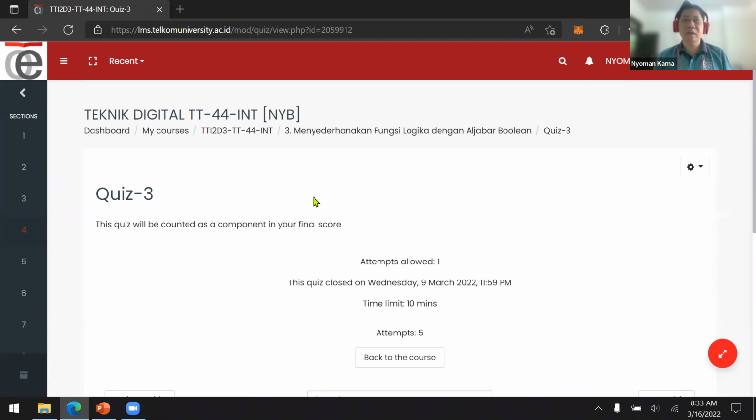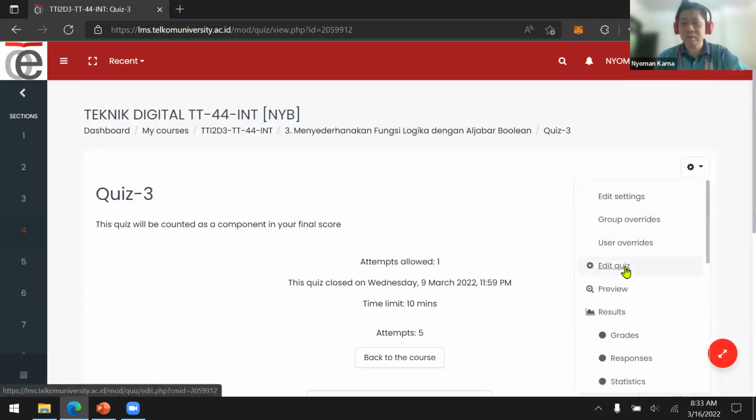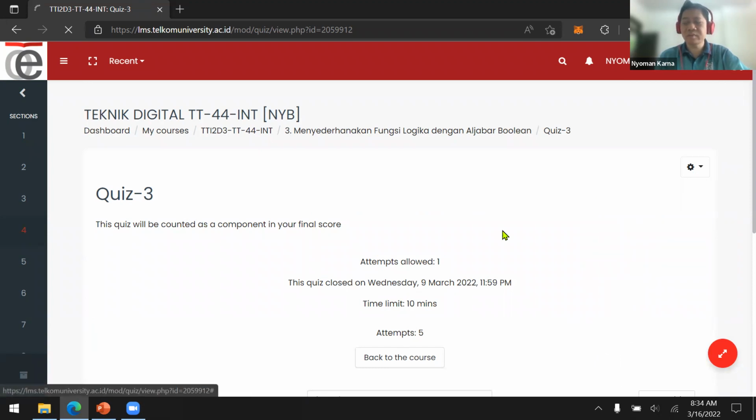Because by finding a simpler function, we can implement that function with a cheaper implementation, a faster system, and a more compact design, because we just need several logic gates compared to lots of logic gates. Okay, now we're just going to discuss the quiz number 3 review.